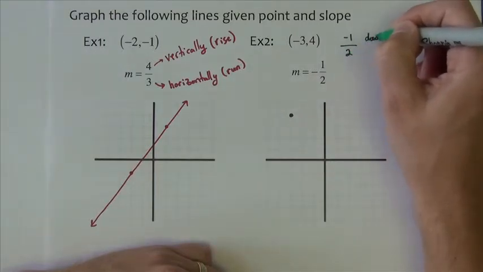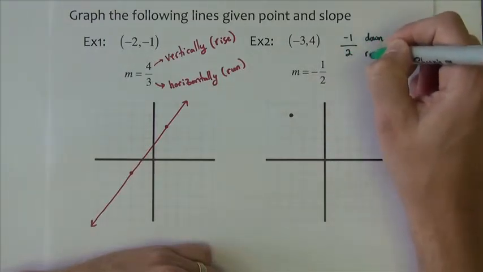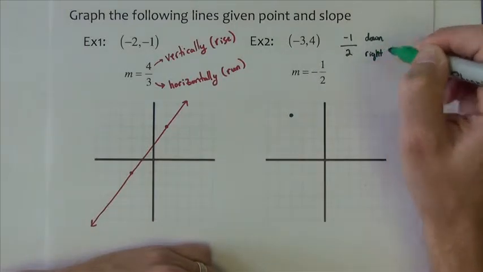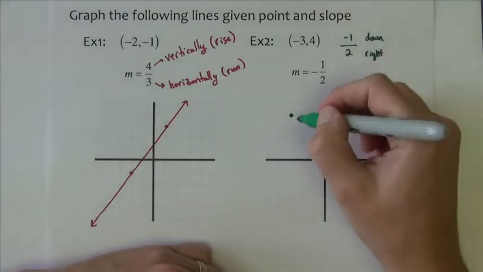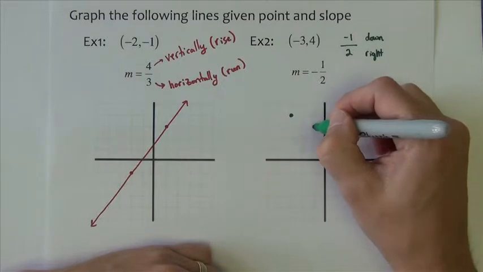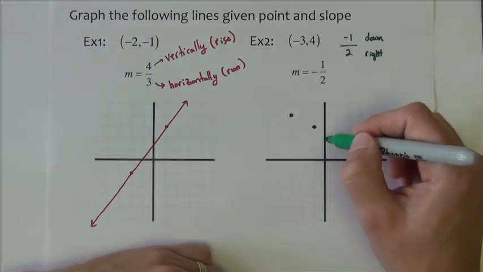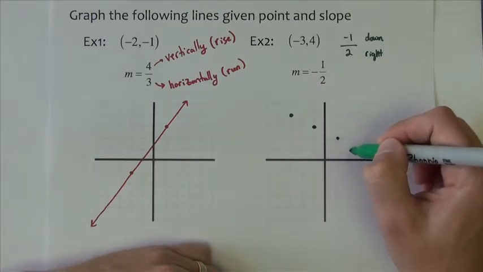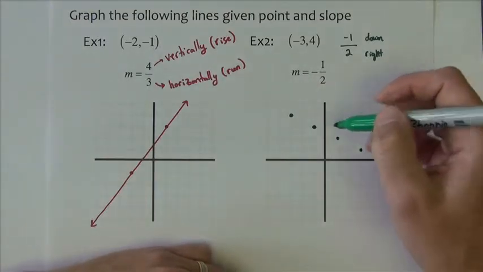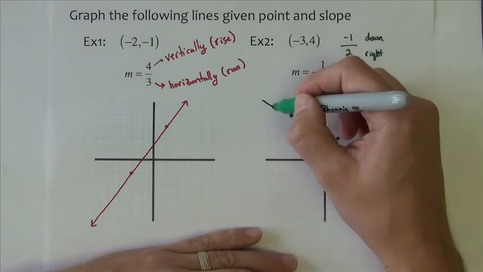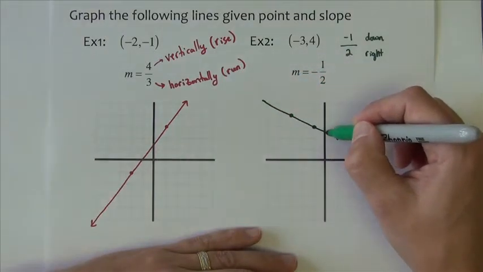That would mean the negative direction vertically is down, and right. So I'm going to go down 1, right 2. And I can do more points than just that. I can go down 1, right 2 more, down 1, right 2 more, and I can go as many points as I want that could fill up my graph.